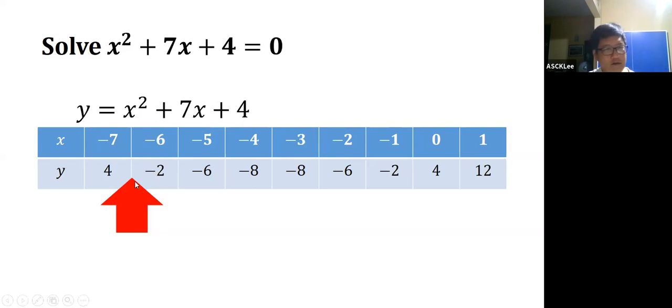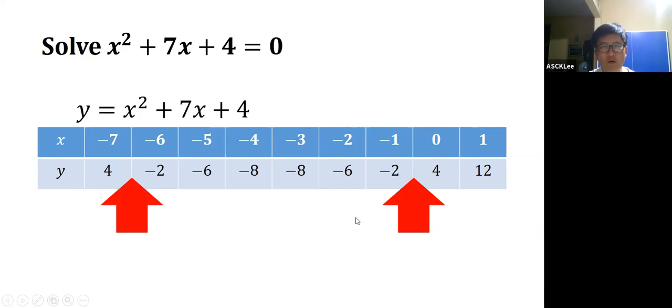So somewhere in between, y has got to be 0. So one of your roots occurs in this range from x equals -7 to x equals -6. Between here, there's one root. Now you see it's the same thing happening here. At x equals -1, your y is -2. At x equals 0, your y is 4. So somewhere between -1 and 0, there's another root. Definitely there's another root here.